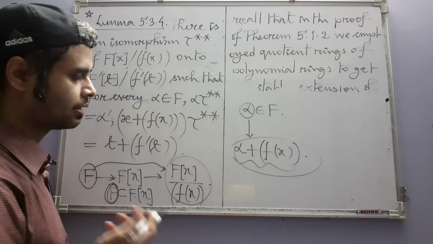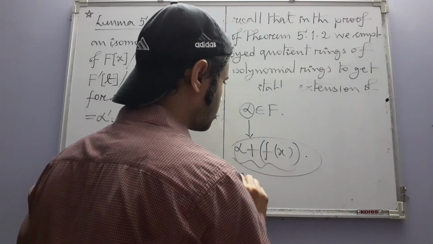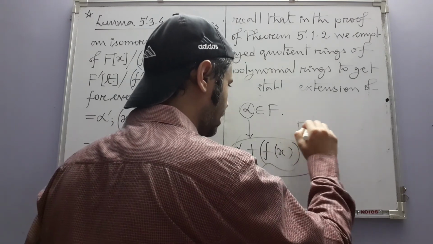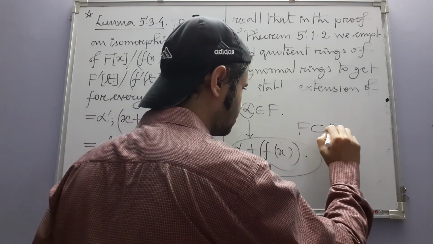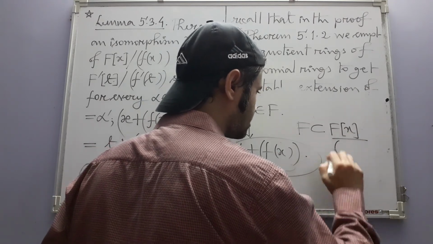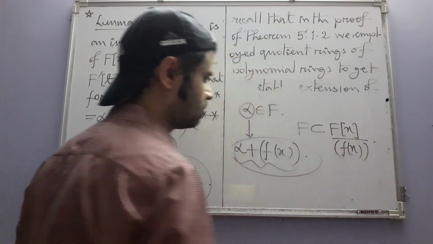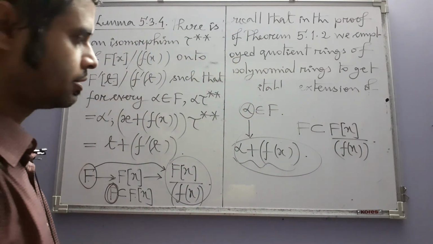You can understand probably what I am trying to say at this stage. So in that sense, we can in fact think of F to still be a subset of this somewhat quite complicated quotient ring of a polynomial ring.